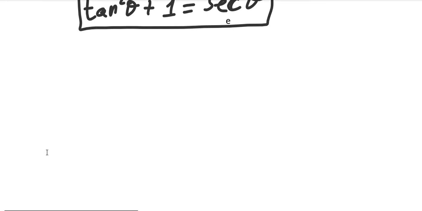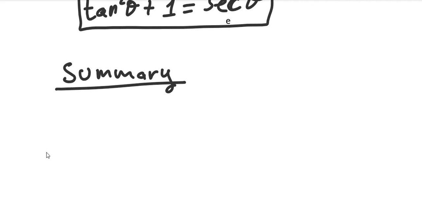So what you should note in this video is, let us see a summary of what we did. You have to know that sine squared theta plus cos squared theta is equal to 1.